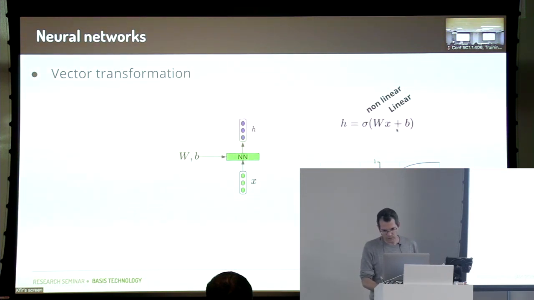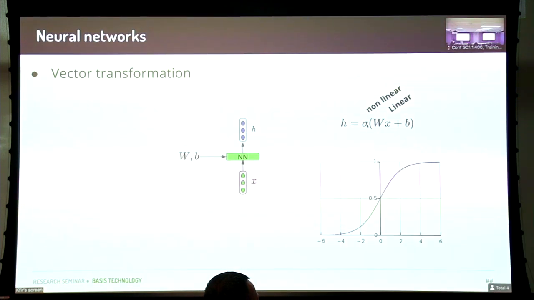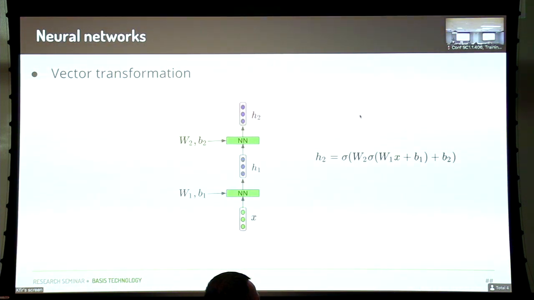And we get a new vector, the linearly transformed vector. Then we send it to another function, typically a nonlinear function, element-wise. And we get a new vector. This nonlinear function is needed especially because you can take this output vector and send it as an input to another transformation.